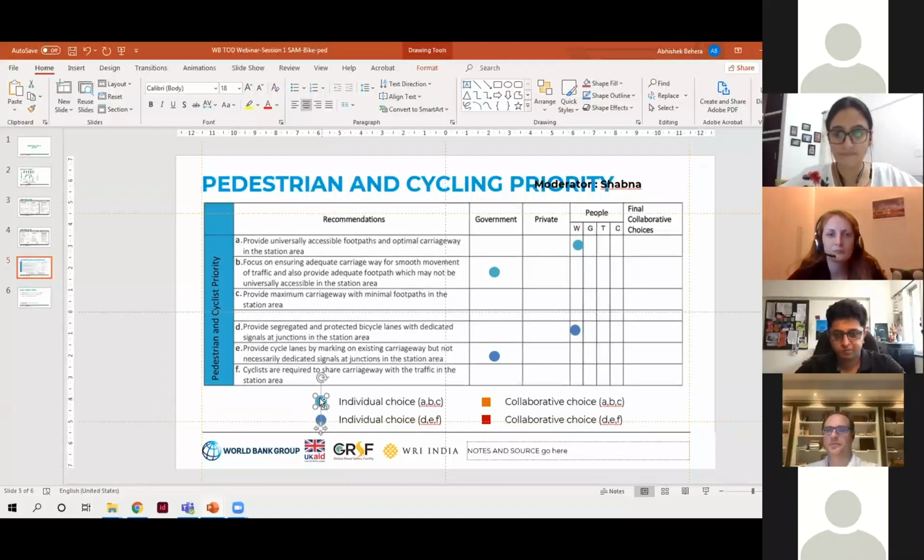I would go for recommendation A, provide universal accessibility footpaths. Regarding bicycles, I don't bike at all, so I wouldn't mind about cyclists, but I want to feel safe when I walk around, and I have a daughter, a son, and grandchildren that I care about. So I feel option E will be a good option.